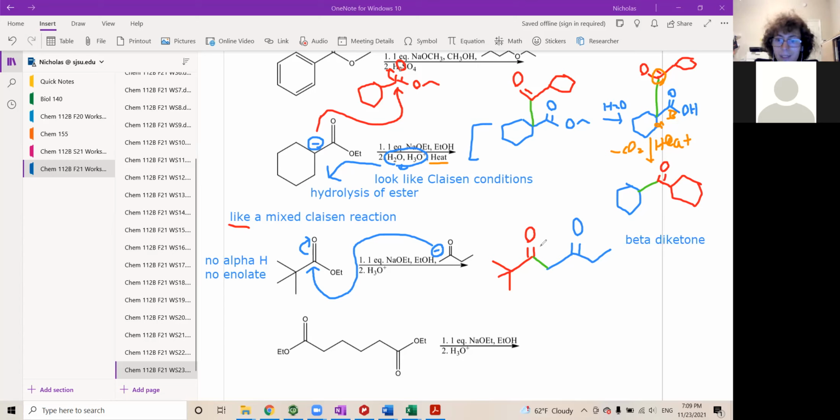But this is something that can happen. You can have stuff besides esters reacting with esters in Claisen-like reactions. And then you can get two ketones beta to each other. Or if you have an aldehyde reacting with an ester, you'd have an aldehyde and an ester beta to each other. It just depends on what your nucleophile is. It could be a variety of things.